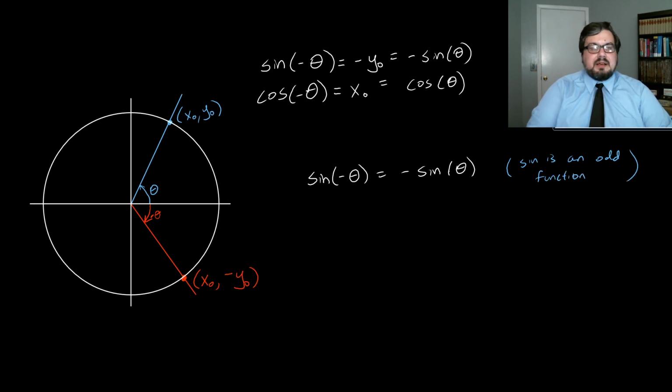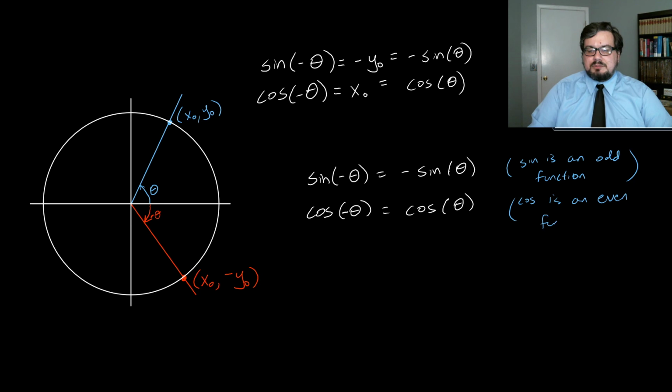This is the fact that characterizes being an odd function, where if you plug a negative input into it, you get the negative of the output for that input. Then cosine of negative theta is equal to cosine of theta. And this is what we say is characterized by an even function.